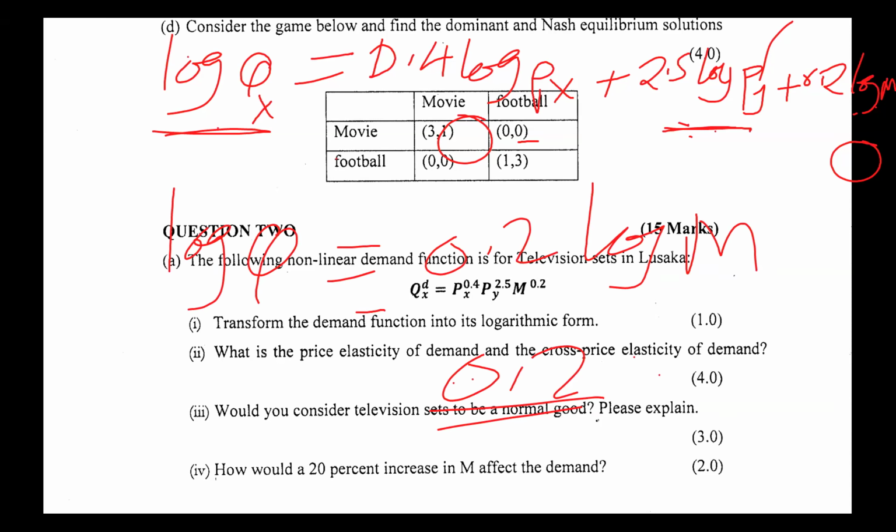Is it an inferior good or a normal good? Hello? Is this an inferior good or a normal good?